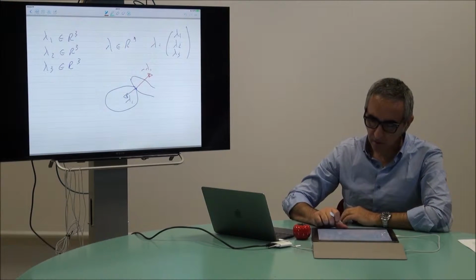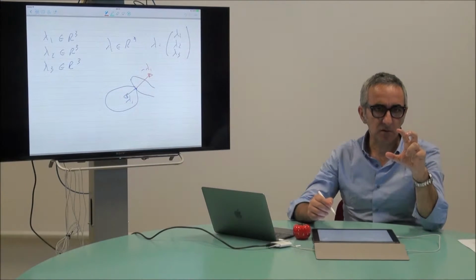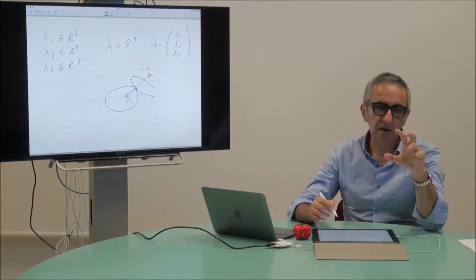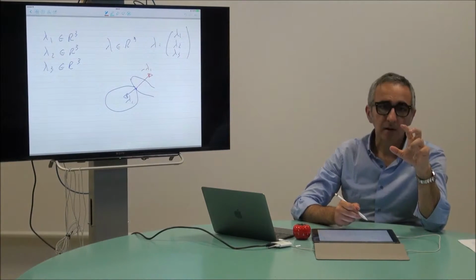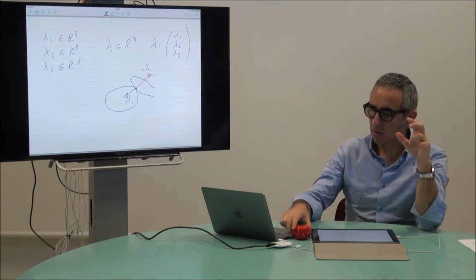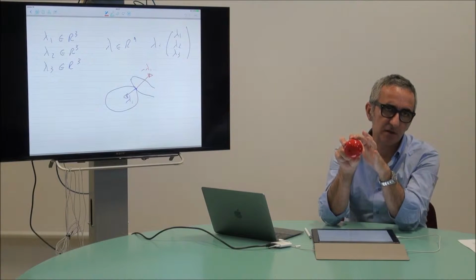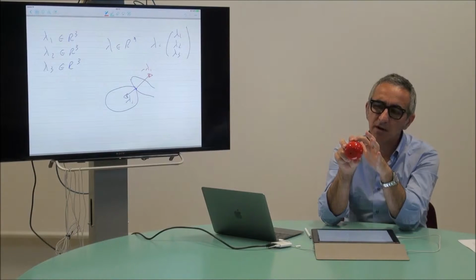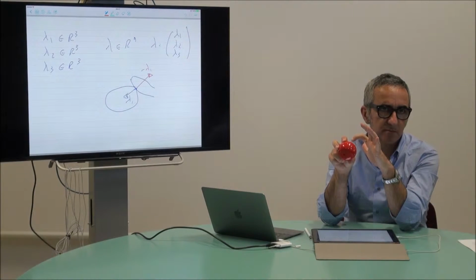Now, if you look just at the finger, look at my index finger. You have lambda 1 at this index finger. Lambda 1 should be generated by 3 joint torques.